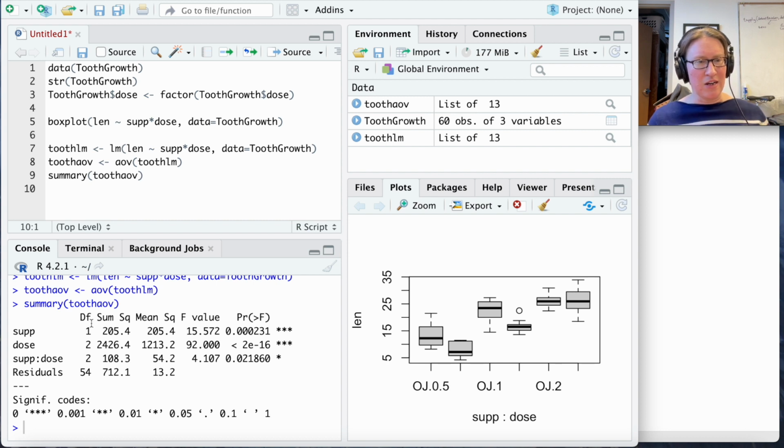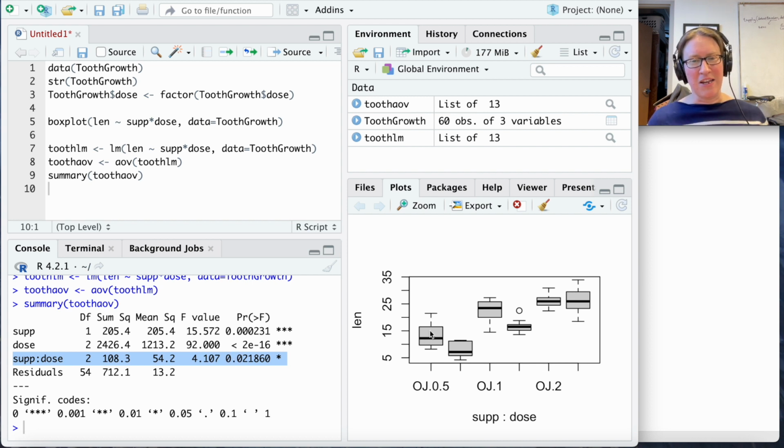So notice in this output, right, I've got 3 rows. I've got a row for supp, I've got a row for dose, and then I've got supp:dose. So it's this third row, right, that is evaluating for the presence of an interaction effect. And in this particular data set, there is in fact an interaction effect, right?